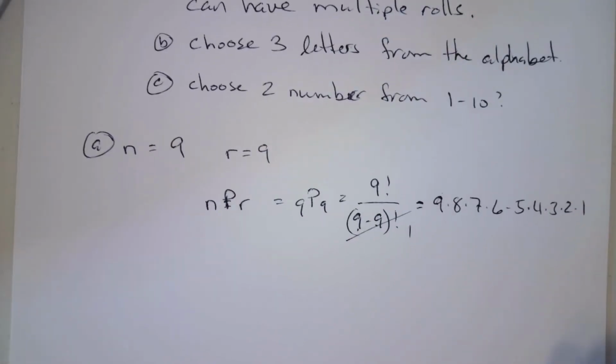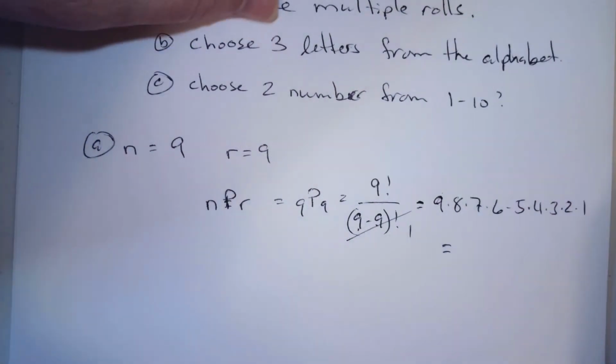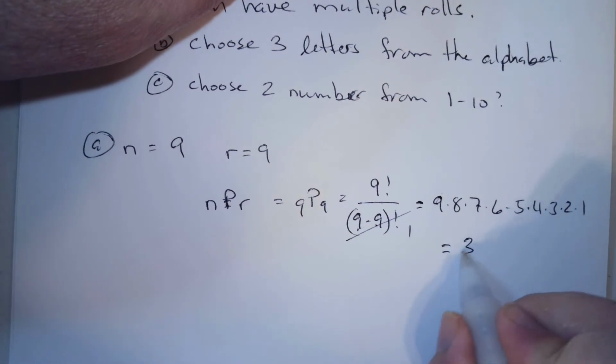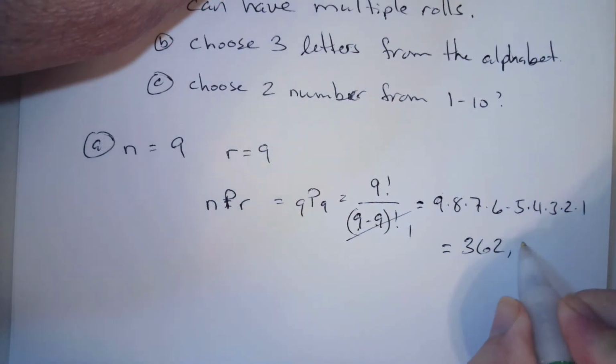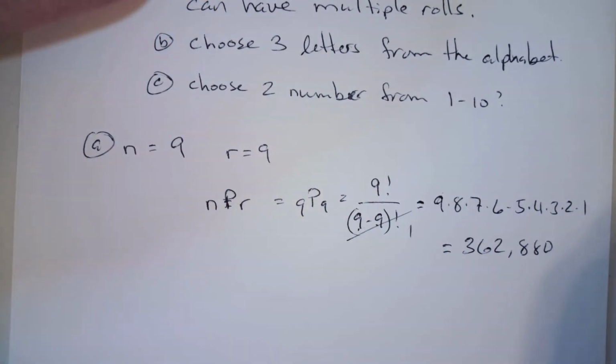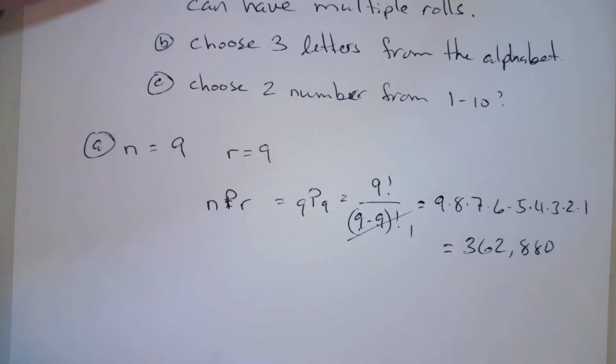Get your calculator out. You'll get 362,880 different ways you could arrange 9 actors to do the roles.